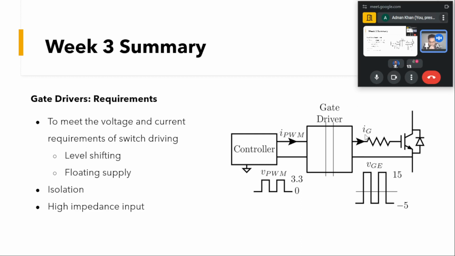We may require it in terms of amps. So if our gate driver didn't have this very high input impedance, this high current would flow through the controller as well, which can damage our DSPs and FPGAs. But if we have a very high input impedance at the gate driver, it will limit the current through the controller, so that it may not get damaged. So another requirement of the gate driver is that it should have a very high input impedance.